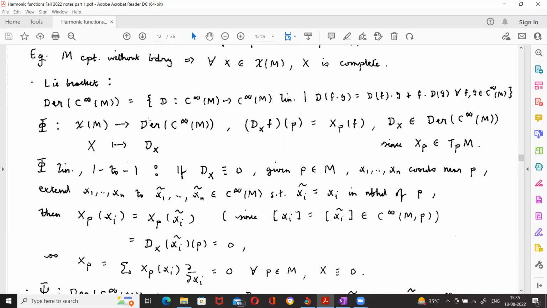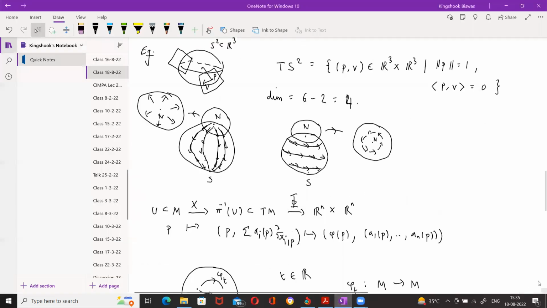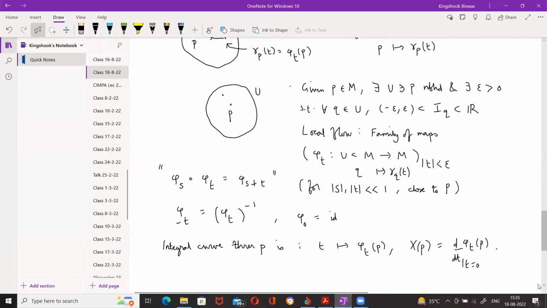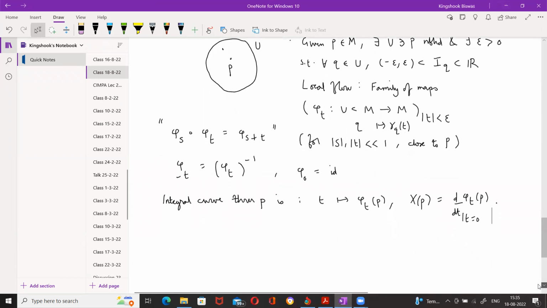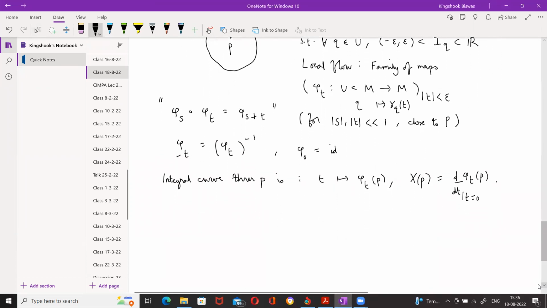It involves what's called the derivations of the ring C infinity of M. This is a purely algebraic construction.